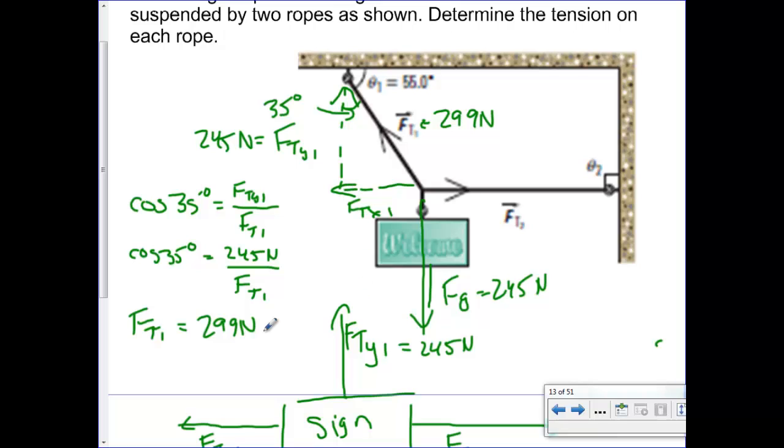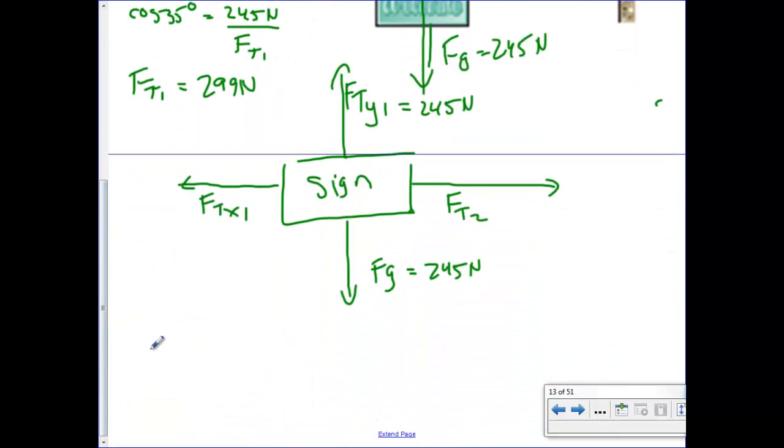Could we then calculate the, I need more room here almost. Could we calculate the FTX1? You could use tan, you could almost use any value you wanted, couldn't you? That'll work too. You could use Pythagoras' theorem. I'll use tan. I'm kind of running out of room here. I'll go down here. If I did tan of 35 degrees, that would be the opposite over the adjacent.